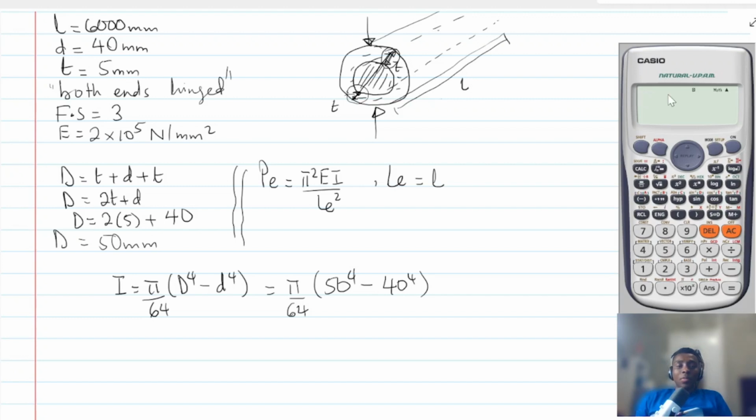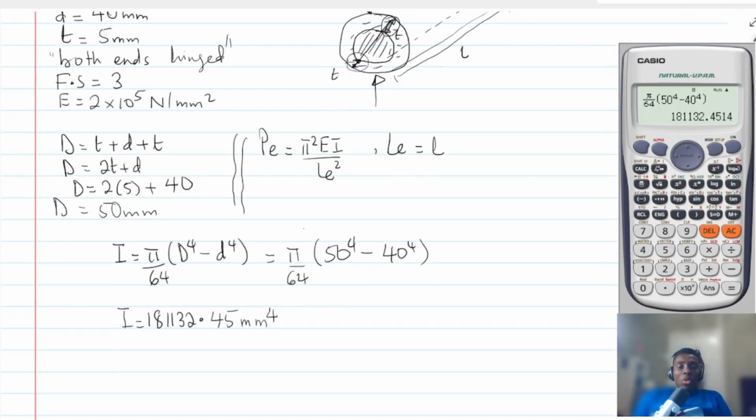So that's pi divided by 64 and then multiplied by 50 to the power 4 minus 40 to the power 4, and that gives us 181132.45 millimeters to the power 4. So that is the area moment of inertia.